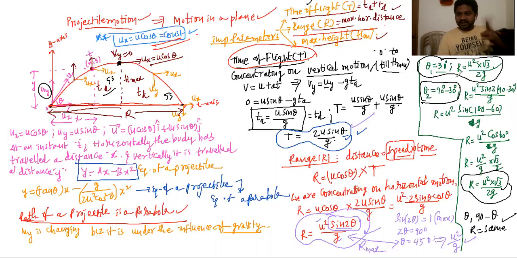If your initial angle is 30, you get one range. If your angle is 90 minus 30, that means 60, you get the same range. But the maximum range is only at 45. I'll show you with a diagram so that you will understand it very well.